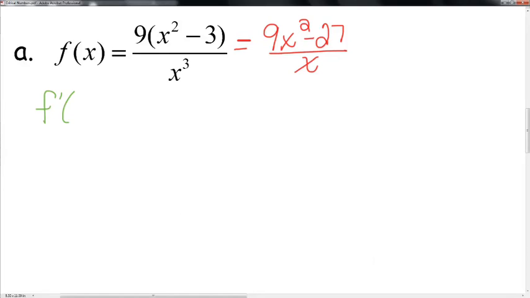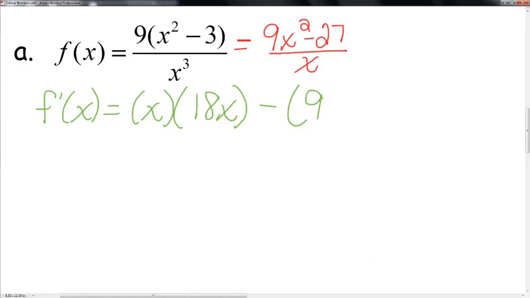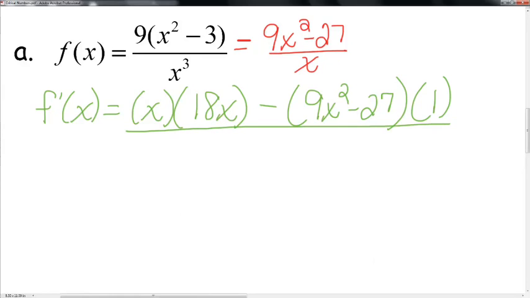So f prime of x is equal to low times the derivative of the high, minus high times the derivative of the low, all over low squared.